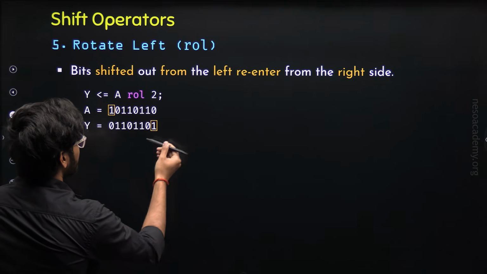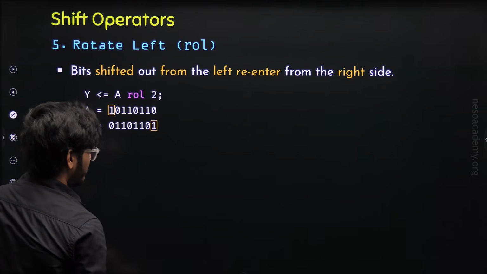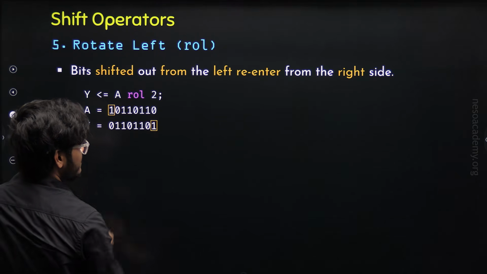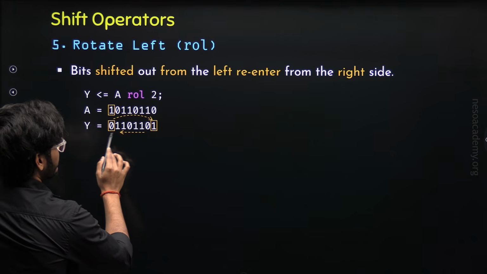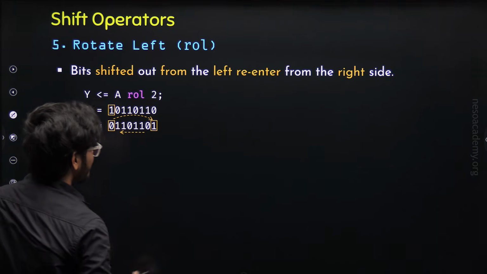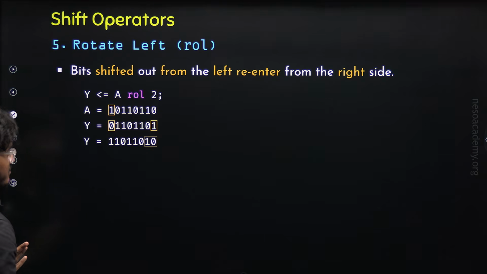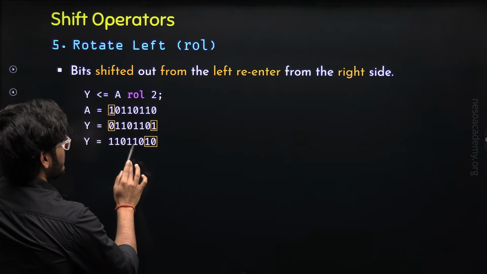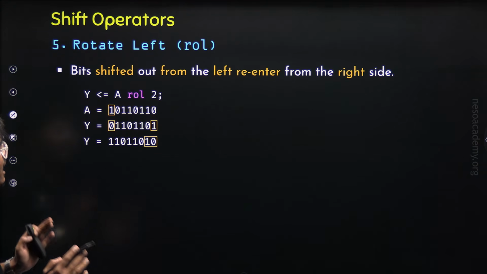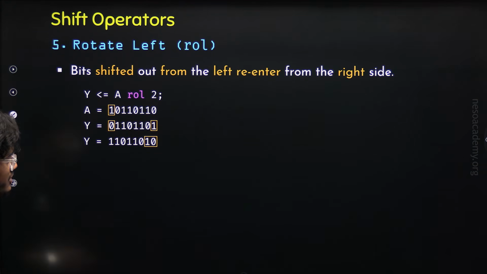So shift the vector to the left by one place, and this MSB will go back to the right side. So the final output will be 1 1 0 1 1 0 1 0. So I hope you understand how to perform ROL operation.